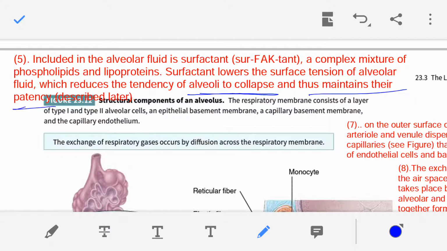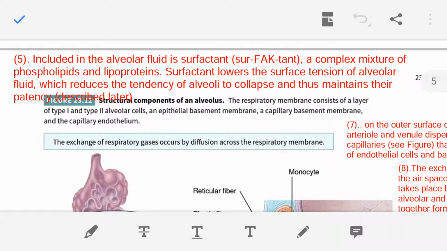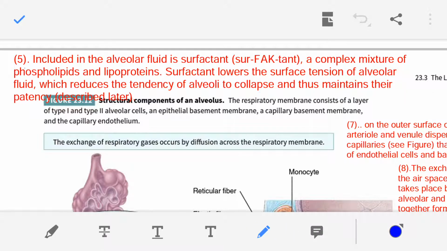The alveoli remain open, enlarged and dilated, so the atmospheric air, the inhaled air, can easily enter into the alveoli. Okay, that is the meaning of this fifth point.